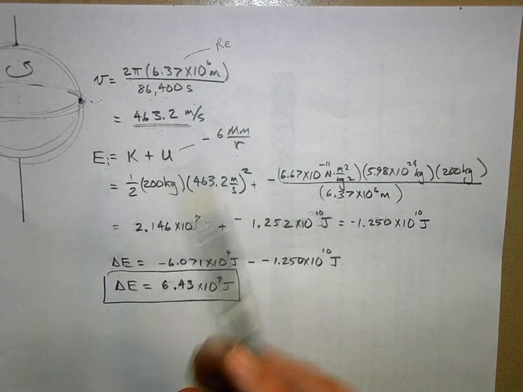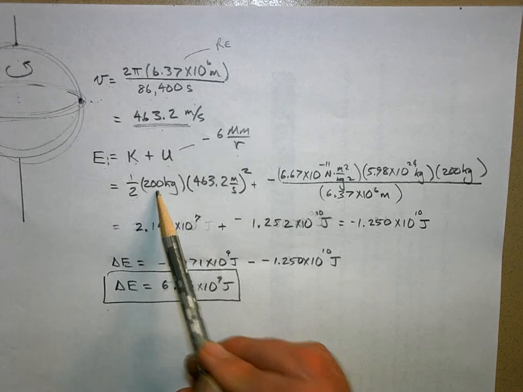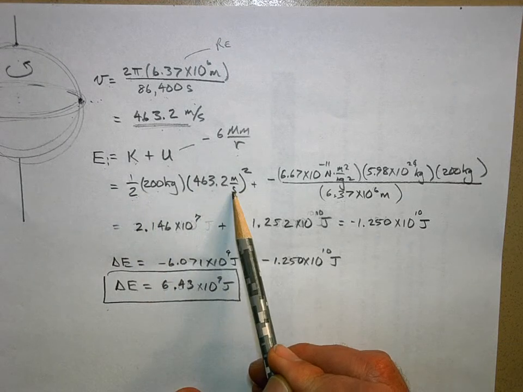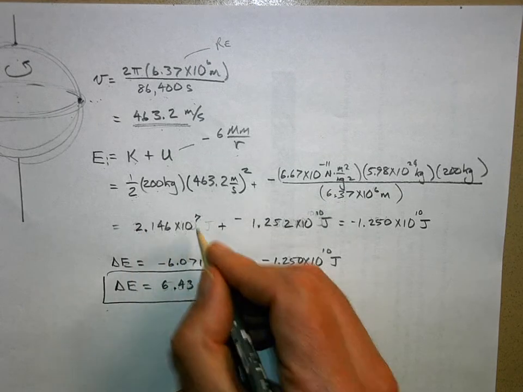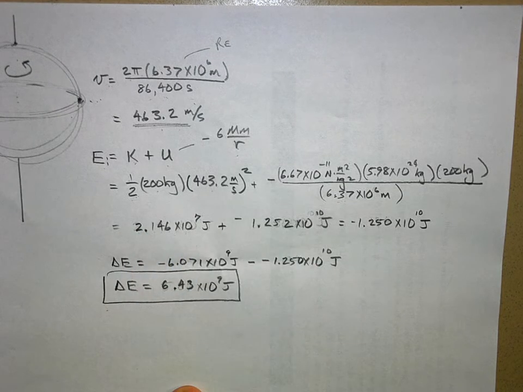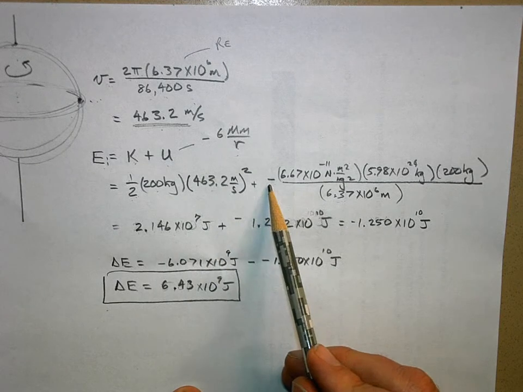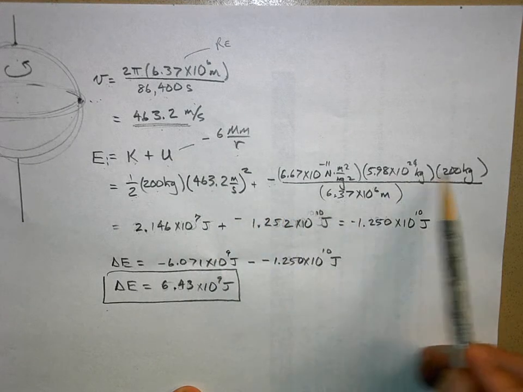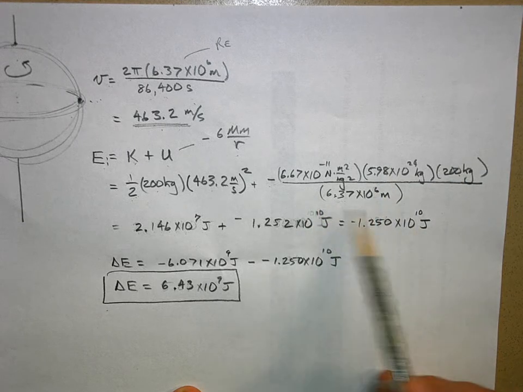My initial energy is the kinetic energy I have at the equator, 1/2 mv squared, which turns out to be 2.146 times 10 to the 7 joules. And then here's my potential energy, negative GM, mass of the Earth, mass of the payload, divided by r.